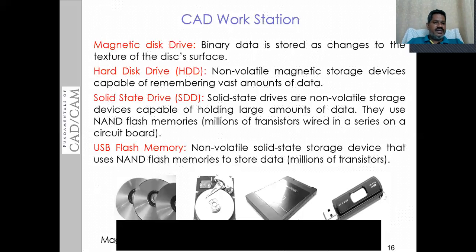You can receive the data as well as input the data into the CPU. This USB drive also uses NAND flash memories to store the data. It also uses millions of transistors which are connected in series on the circuit board to store the data.